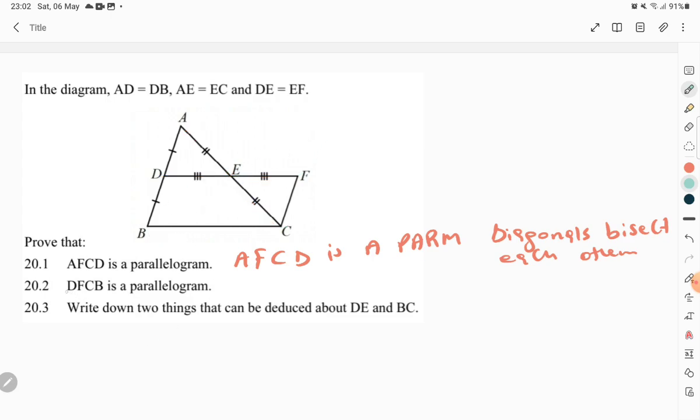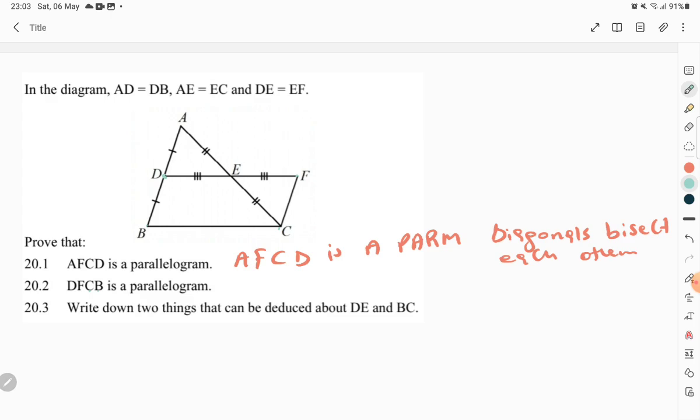Coming to the second one, prove that DFCB is a parallelogram. So it is wise that we managed to actually know that DB is equal to FC.